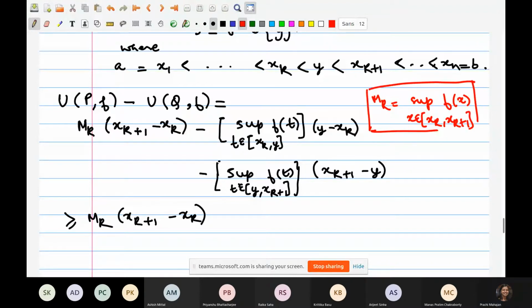Now M_k, which is the supremum of f restricted to the x_{k+1} interval, is going to be bigger than the supremum of f on the smaller piece, because this is a supremum over a larger set, which means that the following inequality will hold true. I can replace this by M_k and I will have this. Is that correct?